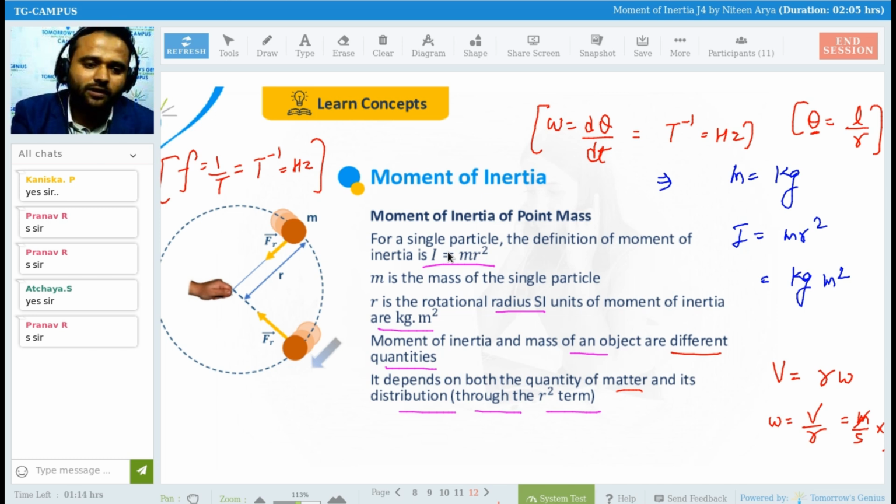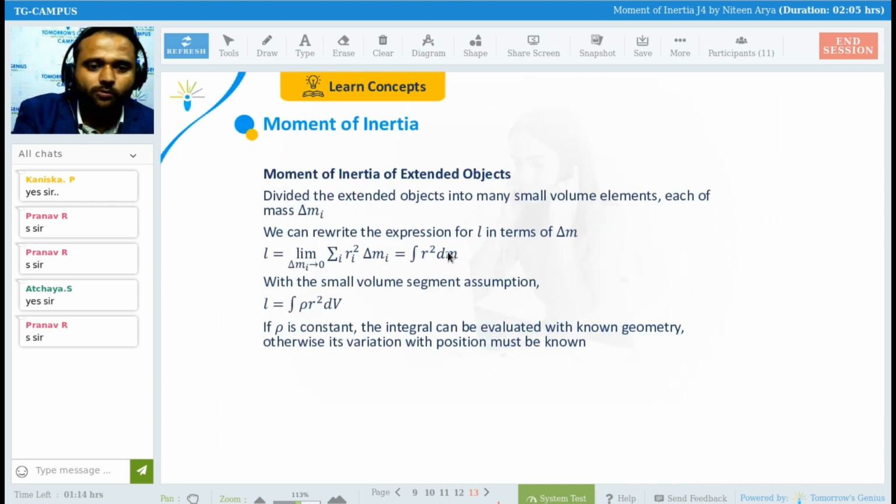We already did this. If you want to find the derivation of this MR squared, you can do that, but that is not required, and I already gave it to you on the previous page. So now, moment of inertia for extended objects, or continuous bodies.